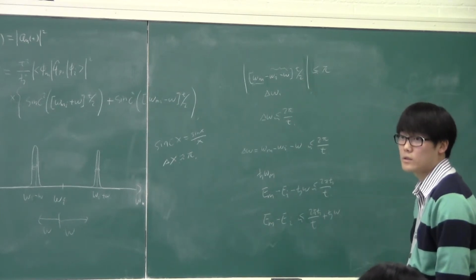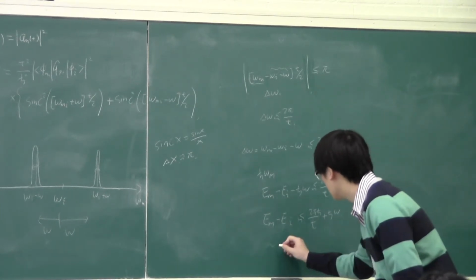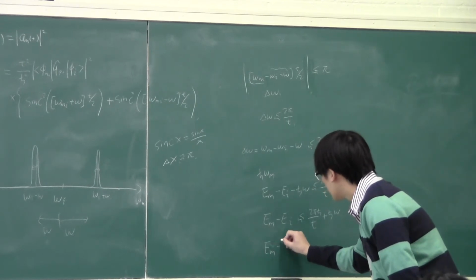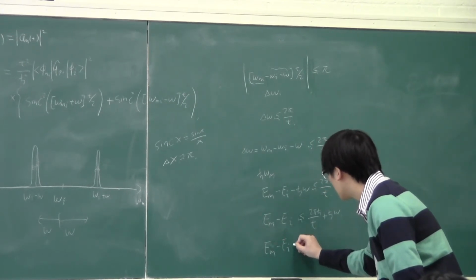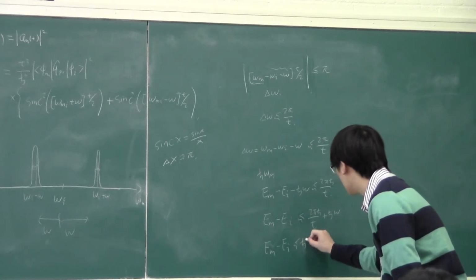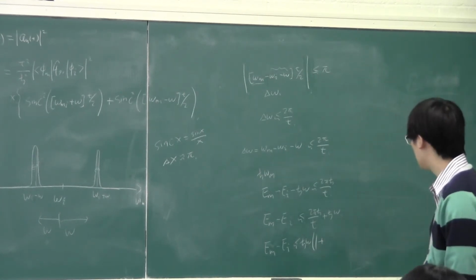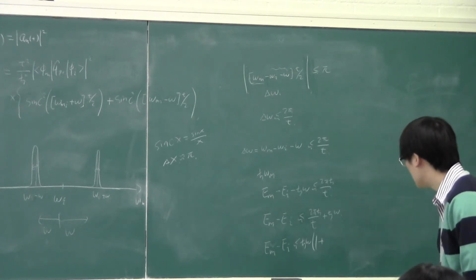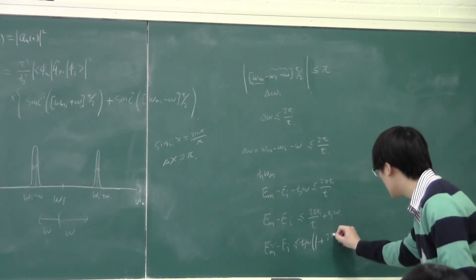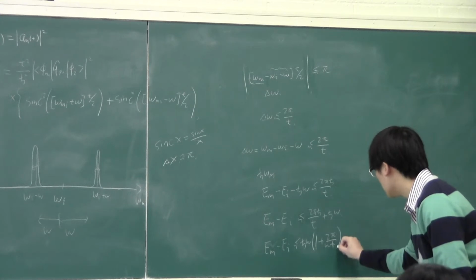Let's factor out the term h bar omega. 1 plus, and if I factor h bar omega, it would be 2 pi over omega t here.